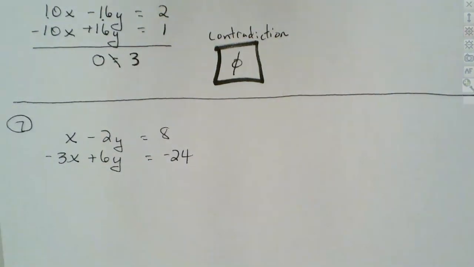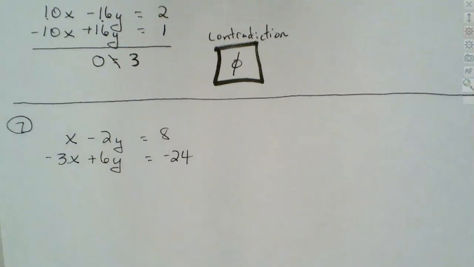And we want to try to eliminate one of the variables. And when I look at these, I can either do the x or the y. They're going to work the same way, either one.